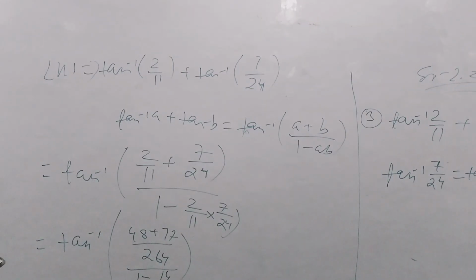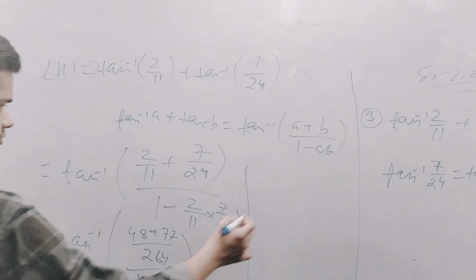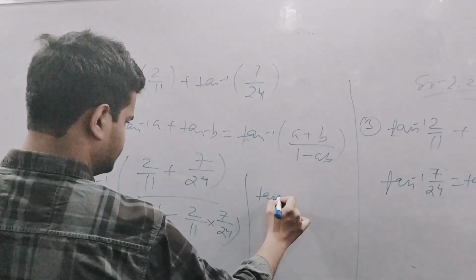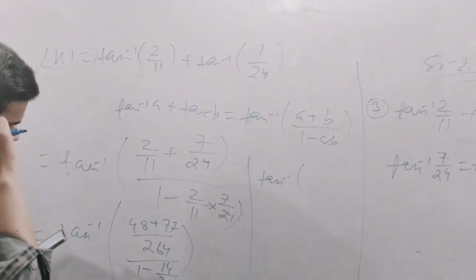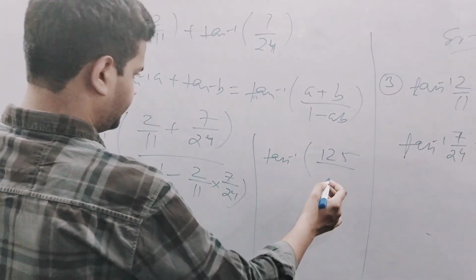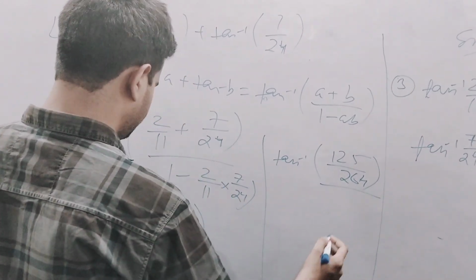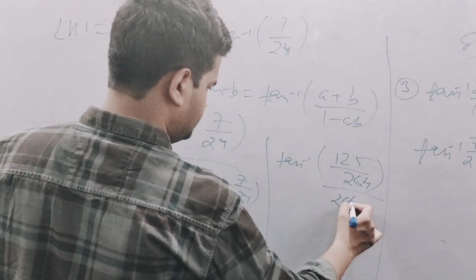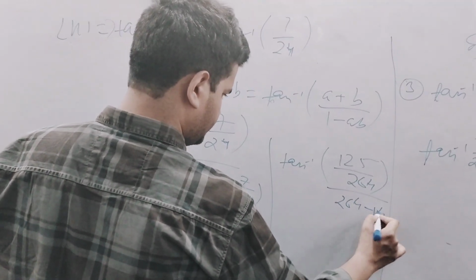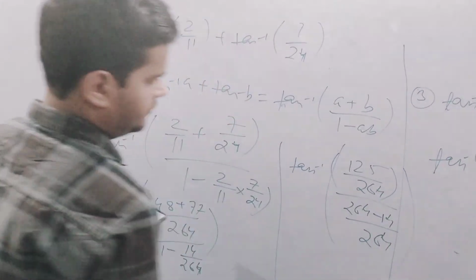Okay, so this is tan inverse 125 upon 264 by 250 upon 264.